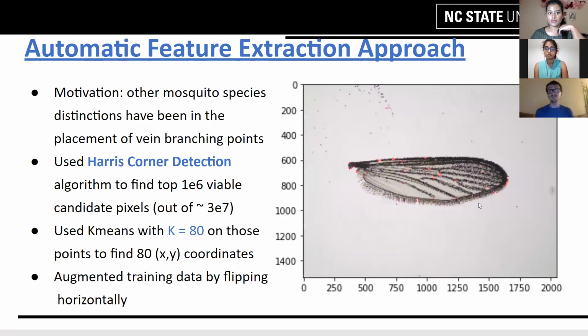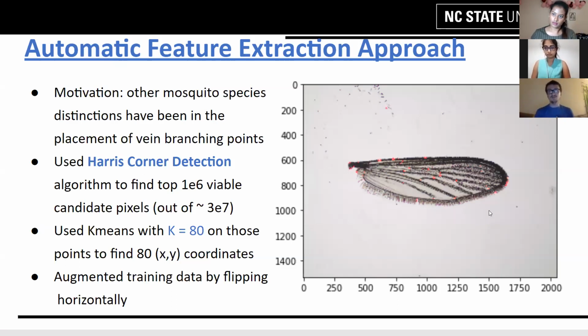The next method we tried was an automatic feature extraction approach. Other mosquito species distinctions have been found in the placement of the points at which the veins branch, and more macrostructural things than ImageNet trained classifiers are usually used to looking at. So we used a Harris corner detection algorithm, which assigns a corner score for each pixel of each image in the data set.